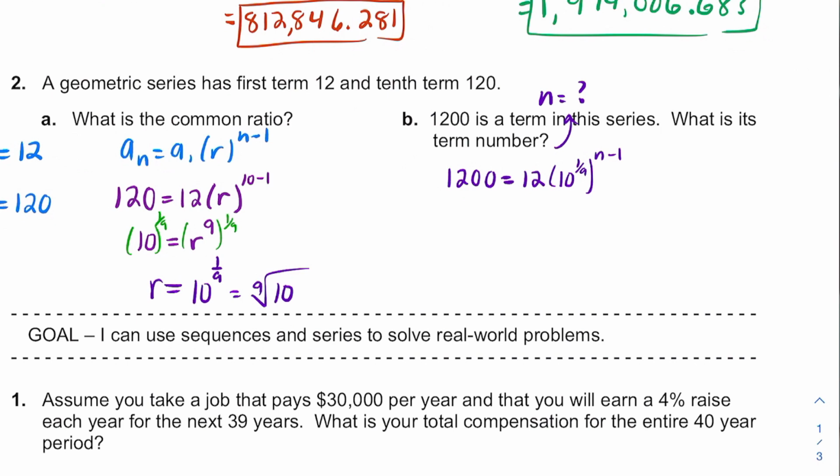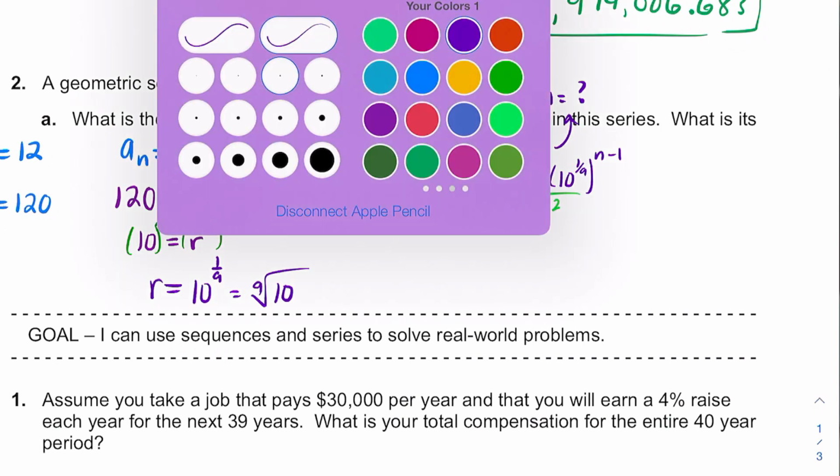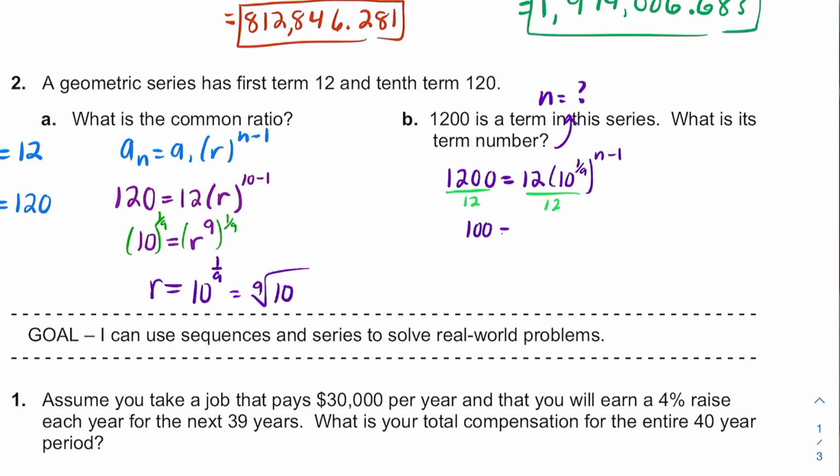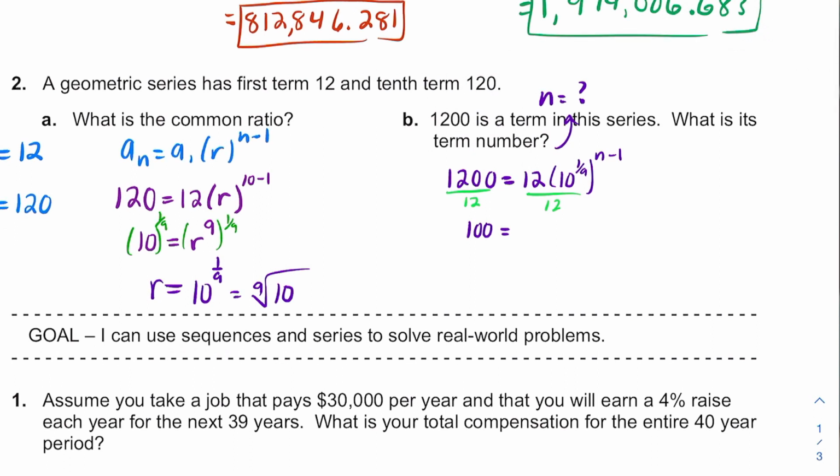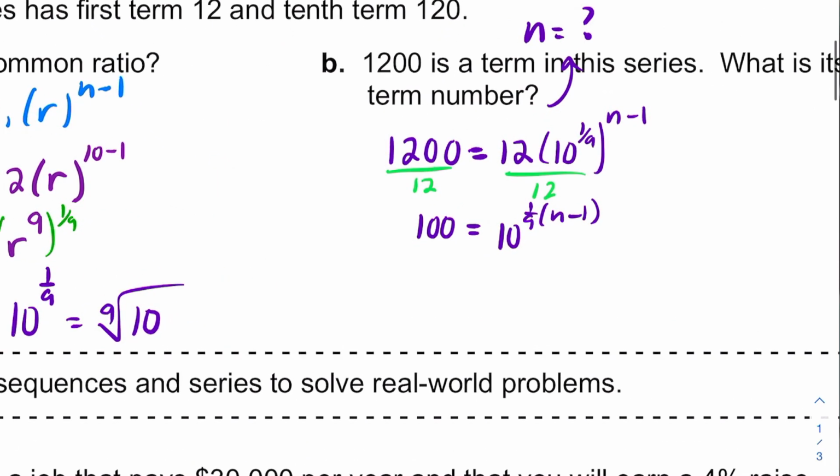So just like we did before, I'm going to divide by 12, and 1200 divided by 12 is 100. So that means 100 is equal to, and now I'm going to do a little bit of rearranging. When you raise a power to a power, they multiply. So this becomes 10 to the power of 1/9 times n minus 1.